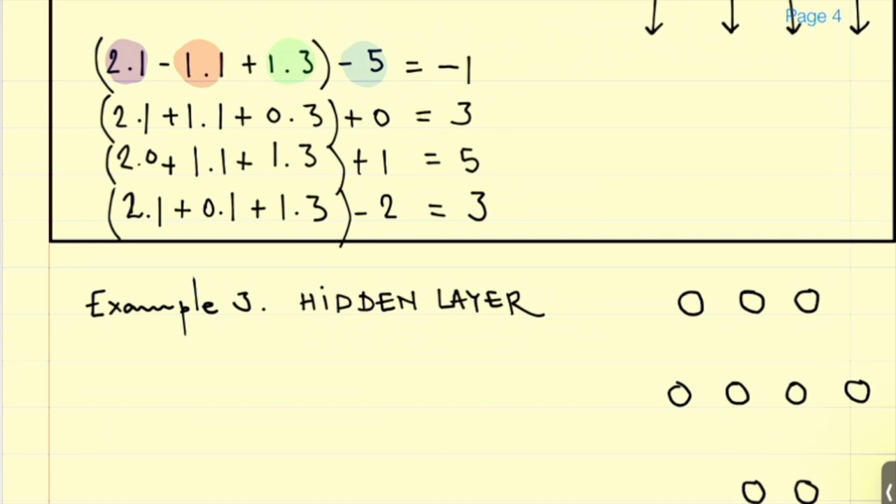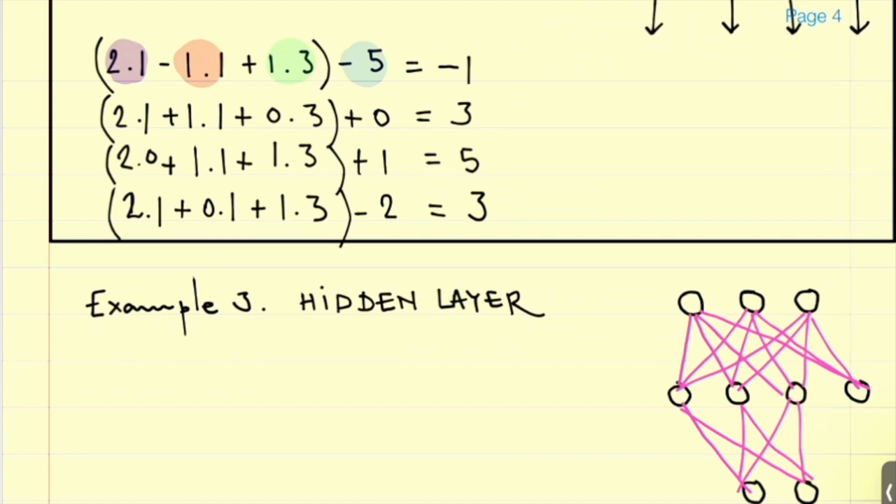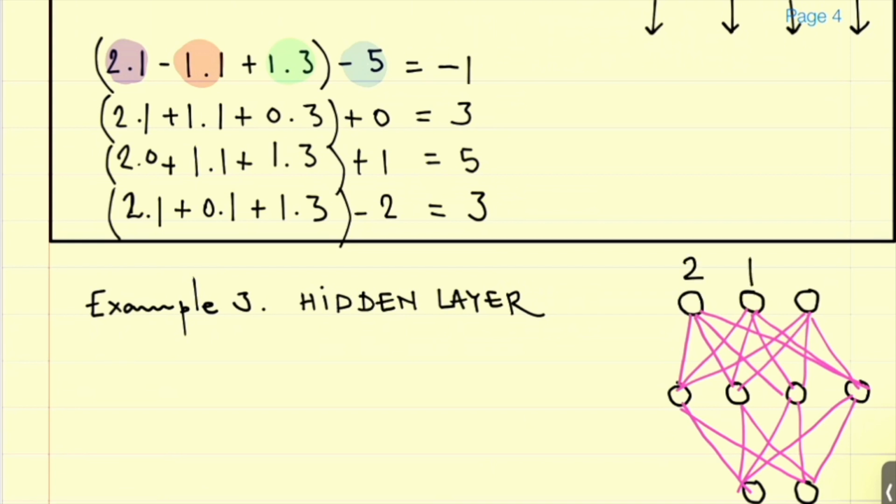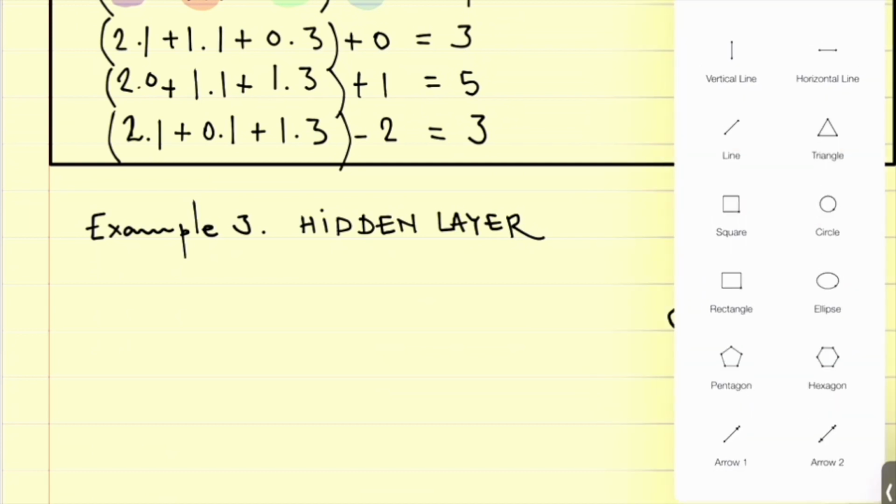So we go from 3 to 4, and then from 4 to 2. And here we have our input, which is 2, 1, and 3. And of course we're going to have 2 weight matrices, one W1 and one W2. Okay, so let's see how this works.